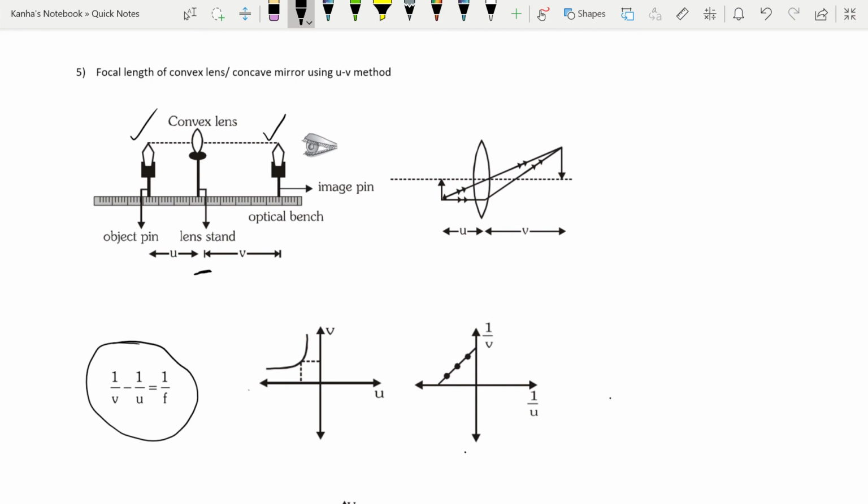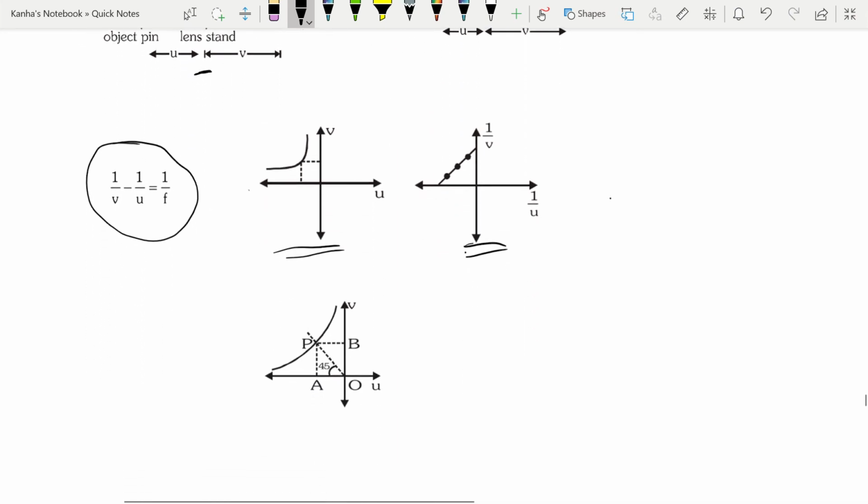If I try to plot the shape of the graphs, if I plot v versus u and 1 by v versus 1 by u, you can easily see the different plots that come in. For the concave mirror also, the procedure is similar.